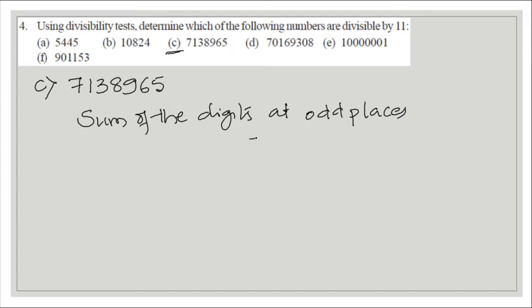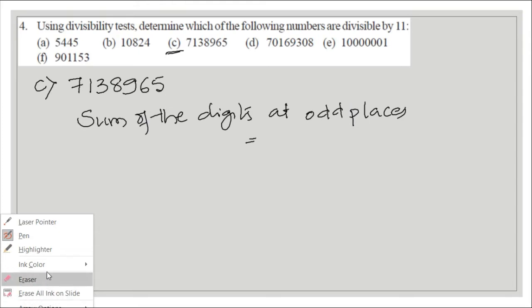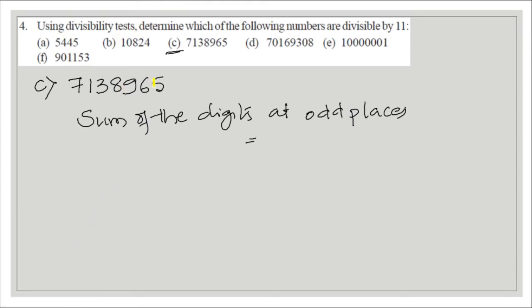Here, which are the digits which are at odd places? I will highlight the odd places. 1, 3, 5, 7. These are the digits at odd places.